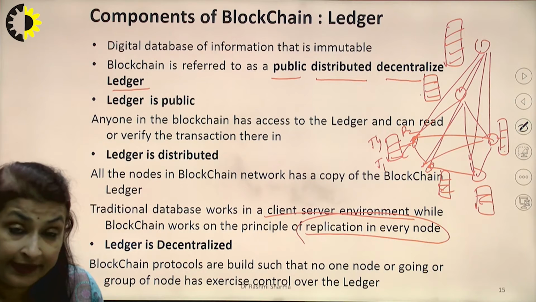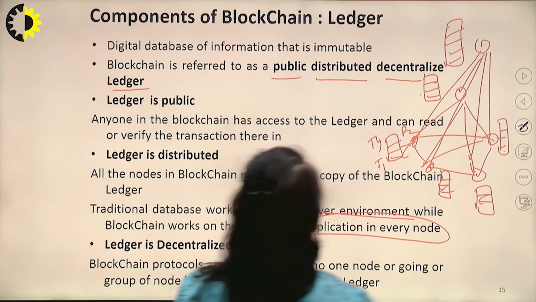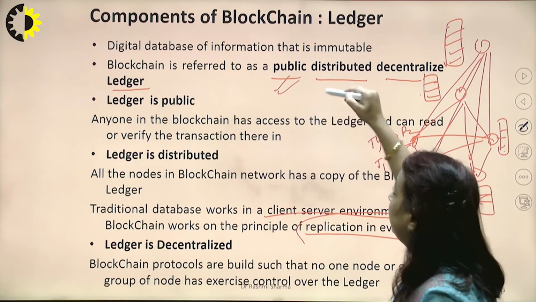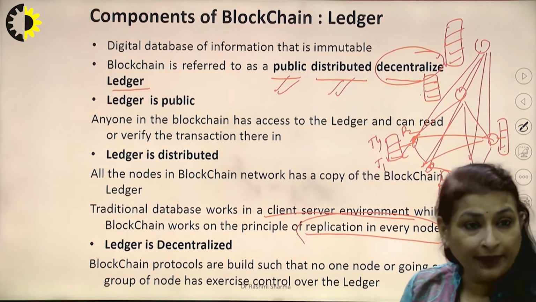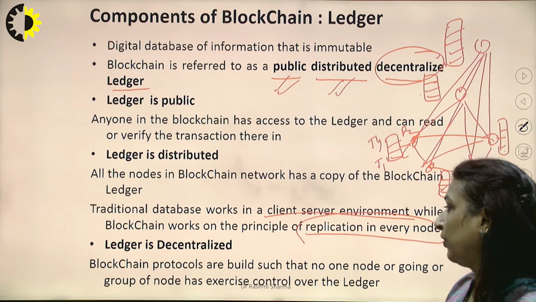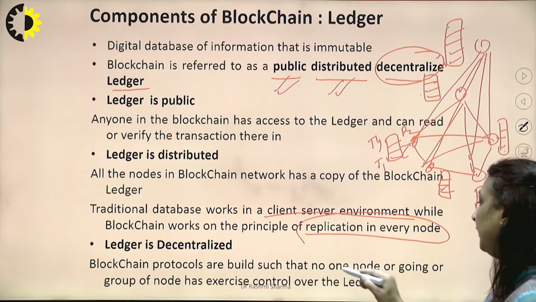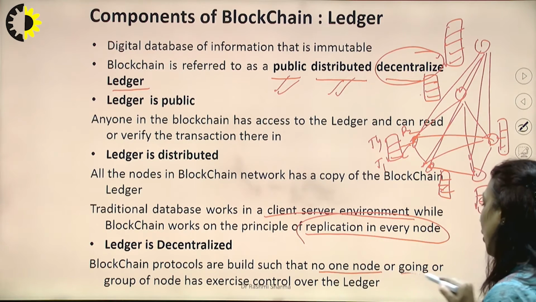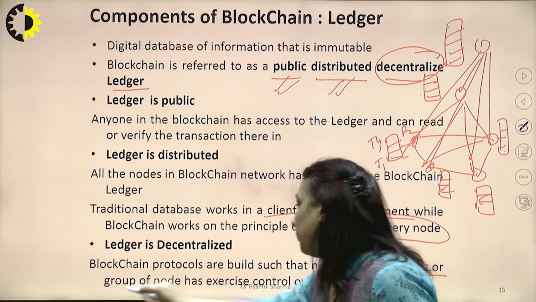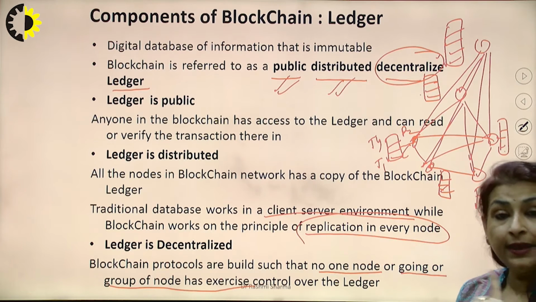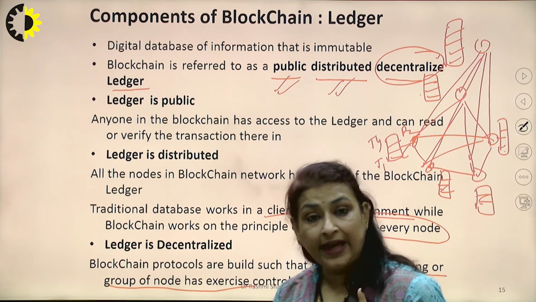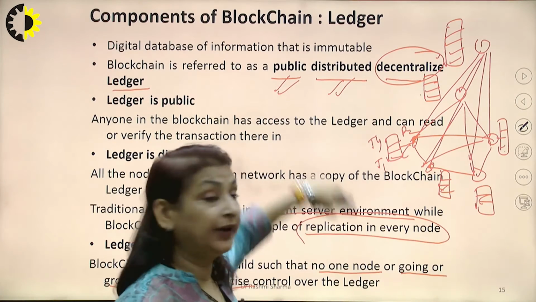So public we have done, distributed we have done. Then comes decentralized. What do we mean by decentralized? The blockchain protocol can be built such that no one node or group of nodes can exercise control over the ledger. Not a single person can have full control of this network.